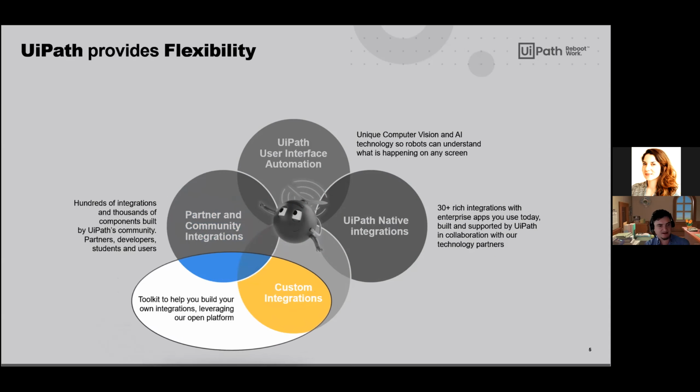Last but not least, as you guys probably know, we have a pretty open platform. So I will also speak a little bit about custom integrations, how you can deal with that. But probably you already know that we have software development kits and things like that, which should increase the developer experience and should make your life easier.